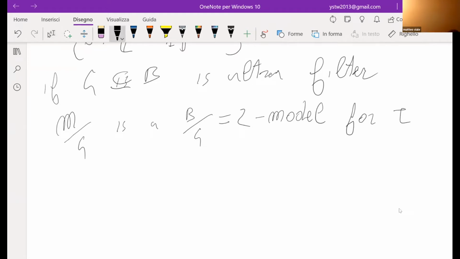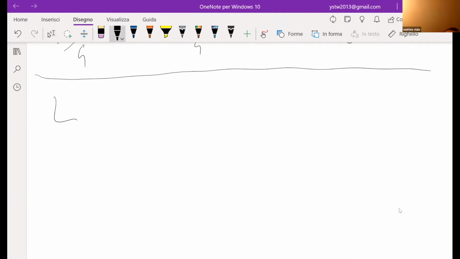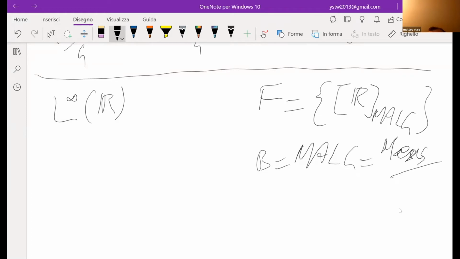Okay, so let's see, just to understand what happens concretely with some examples. Let me go back to the L infinity of R. If I take the trivial filter, which is just made of the equivalence class of R in MALG, recall that my B was MALG, the measure algebra, which is measurable sets modulo null sets.